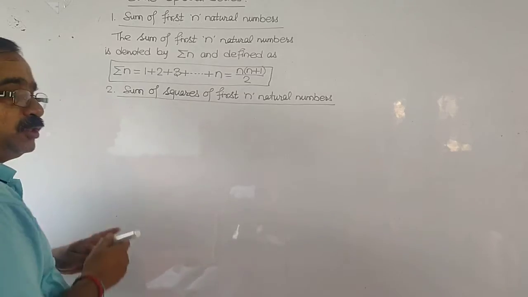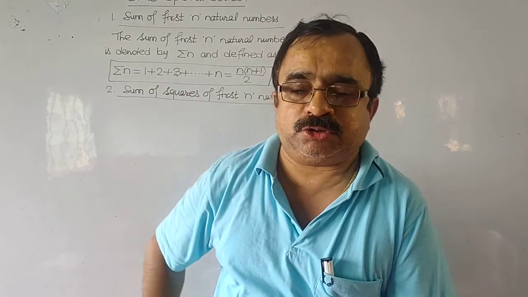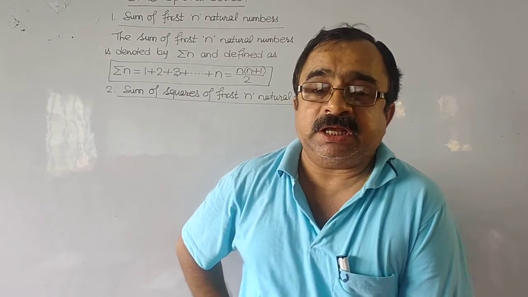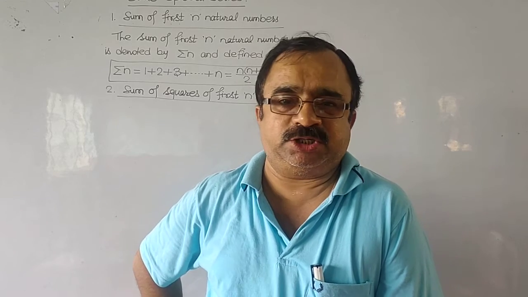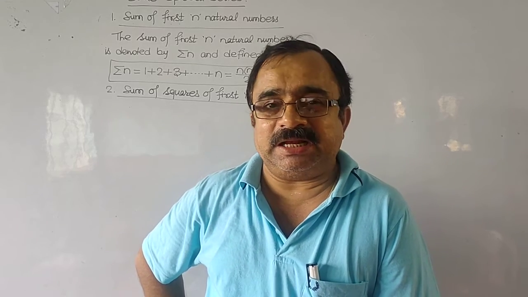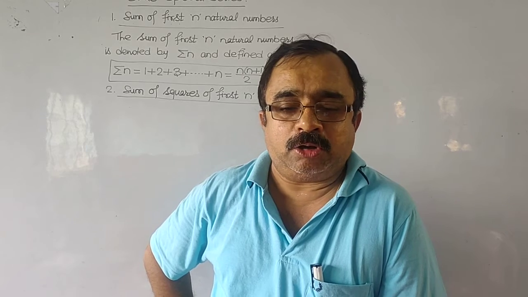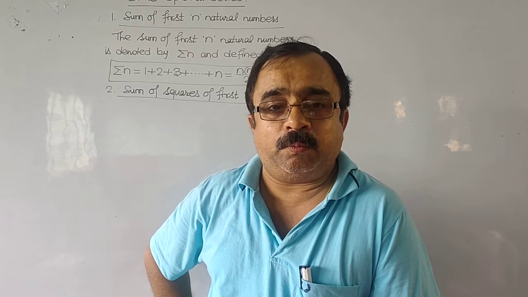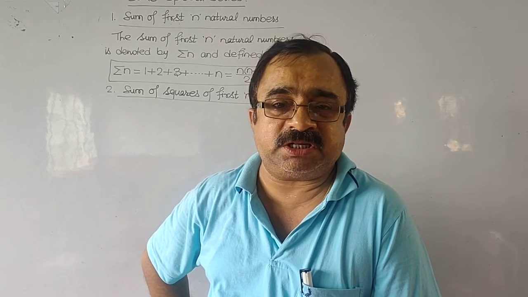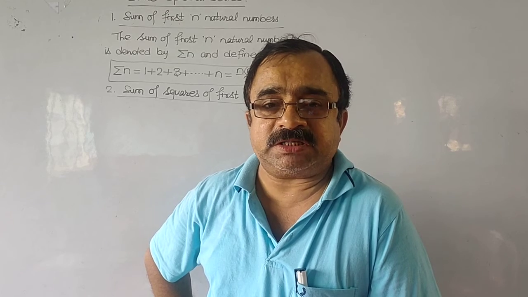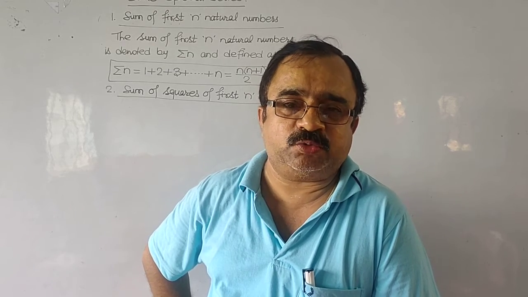The sum of squares of first n natural numbers is denoted by summation n square. And summation n square is what? 1 square plus 2 square plus 3 square plus 4 square plus and so on plus n square.